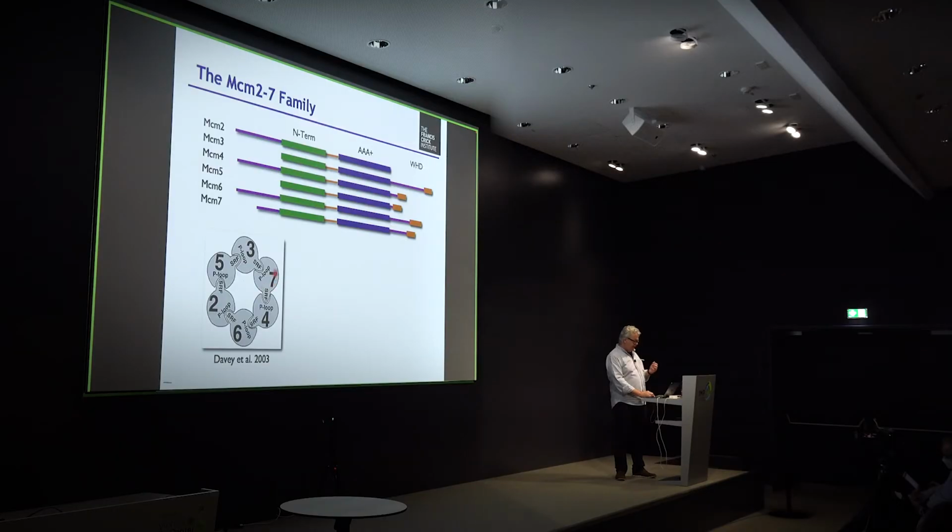Each of the subunits has an ATP binding site, which here is called a P-loop. So they each bind ATP, but then the hydrolysis is actually catalyzed by an arginine residue that comes from the adjacent subunit. So they form a sort of ATPase active site between subunits.